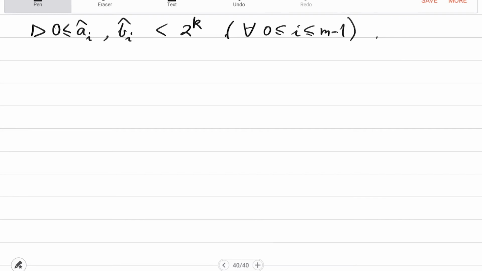And how do you go back from a hat to a? If you substitute x equal to 2 raised to k, then you get back a.